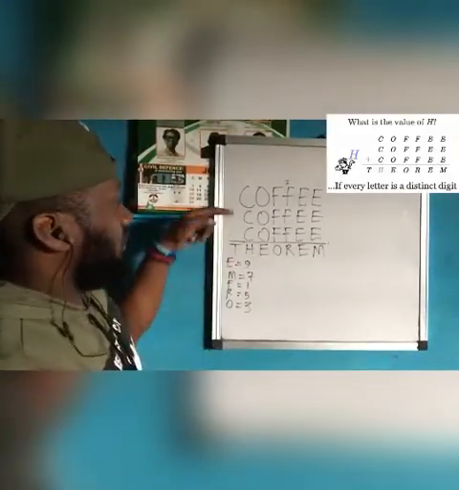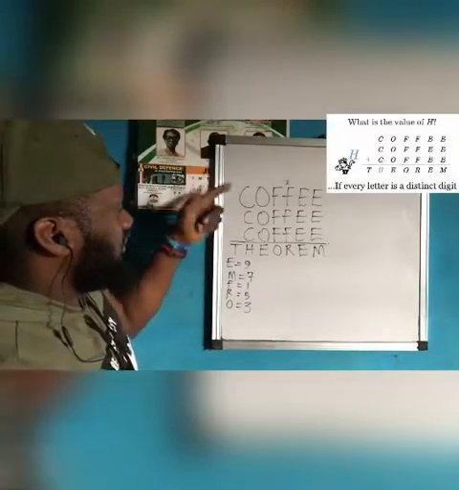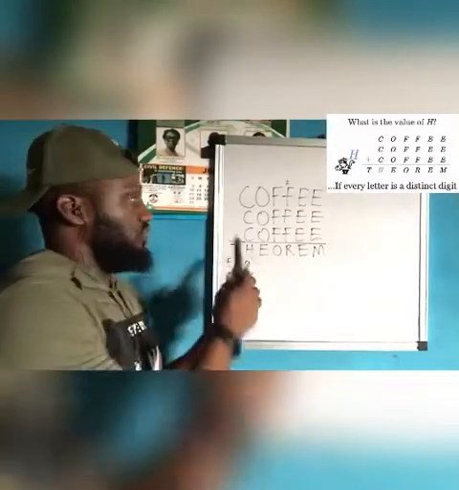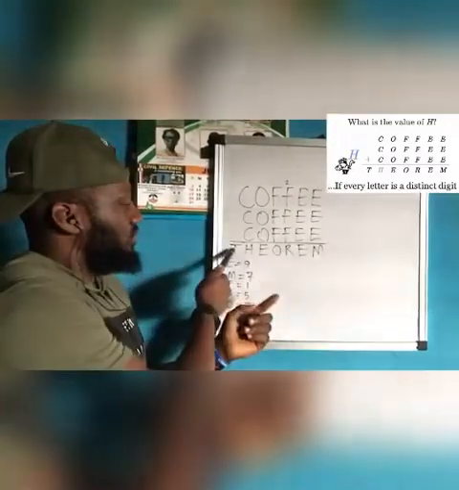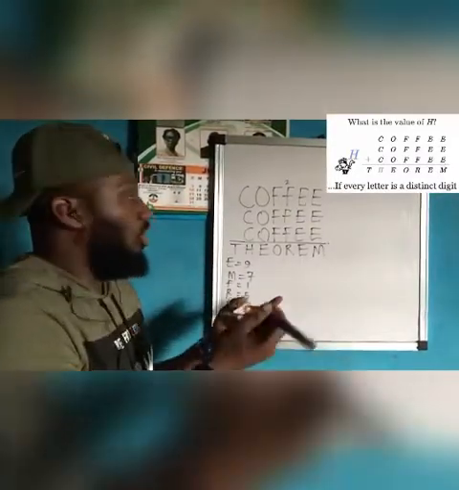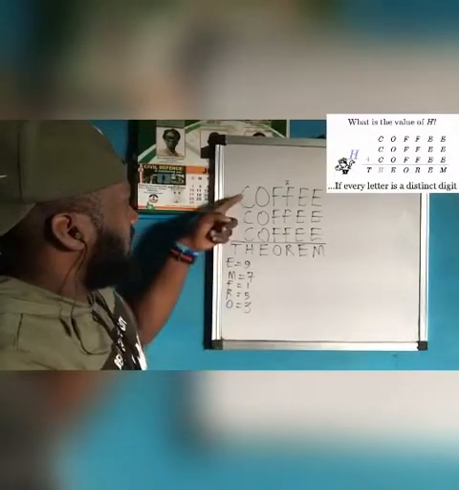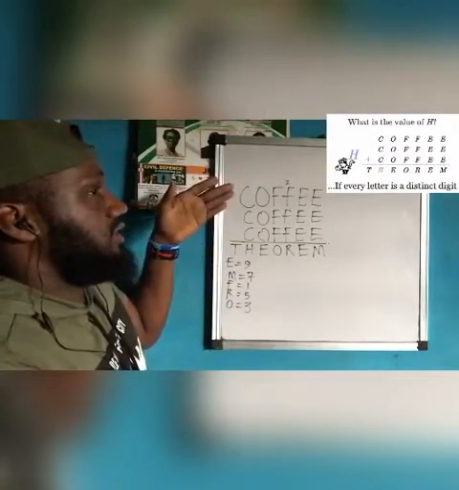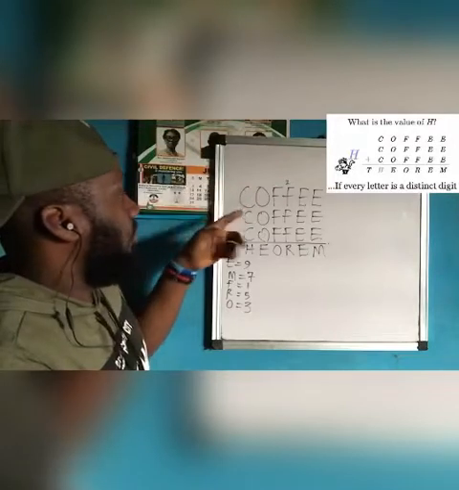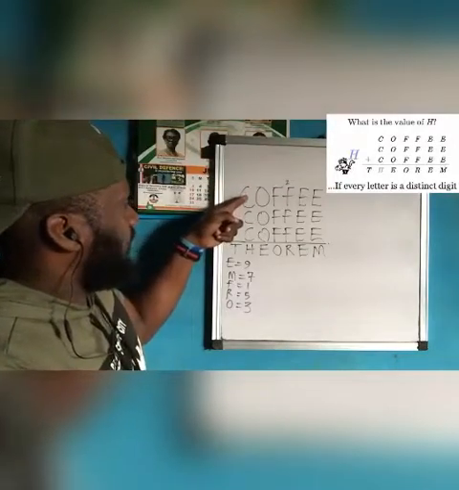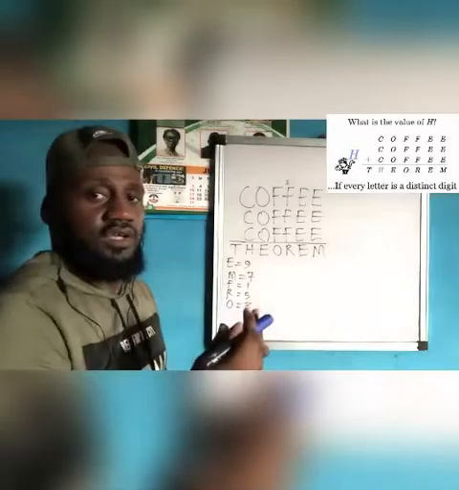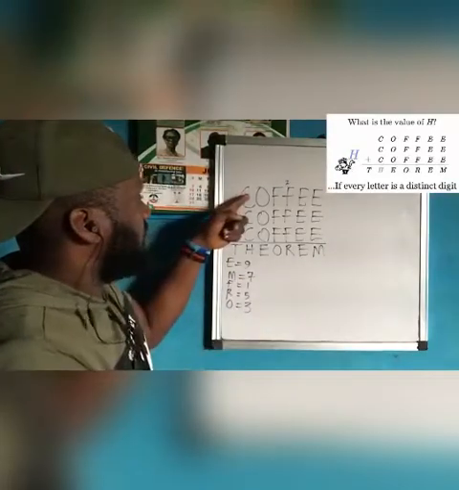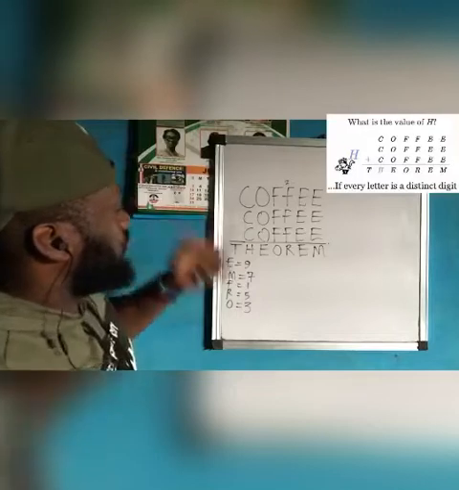Let's try 2. 2 plus 2 plus 2 should give us 6. So C could be 2, then H is 6, then T is 0. Or let's try 4. C could be 4. 4 plus 4 plus 4 will give us 12.